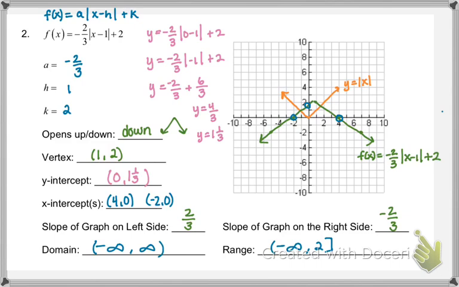And then use the vertex to help you make your graph. So once you know the vertex, you know where the middle of that V is. And then to figure out how wide your V is going to be, you can use the a value, which happens to be the slope of the right side. And then once you have one side, then you know that the other side is going to be symmetric and you can draw the other side.